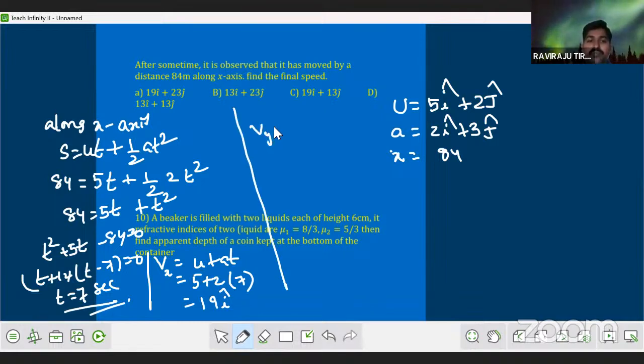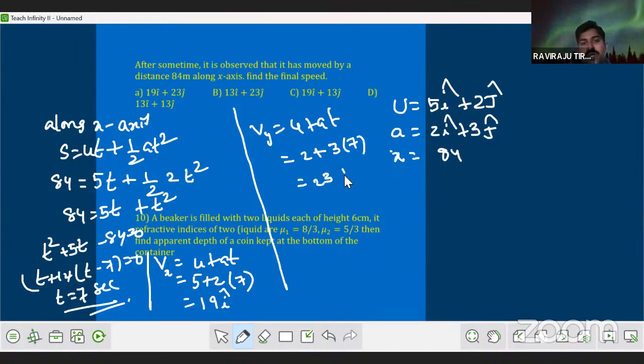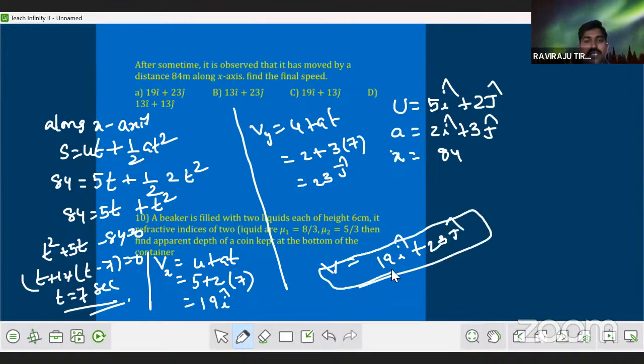That is also V equal to U plus AT. But what is the U value along y-axis? Very good, 2, plus acceleration along y-axis 3. Time is same in both of them, so 7. So that will be 23 j cap. Finally, the final velocity is 19 i cap plus 23 j cap. So which option is correct in the given options? I think the first one is correct only.